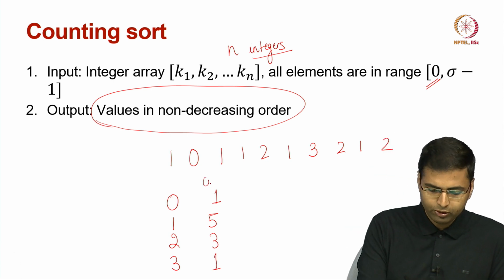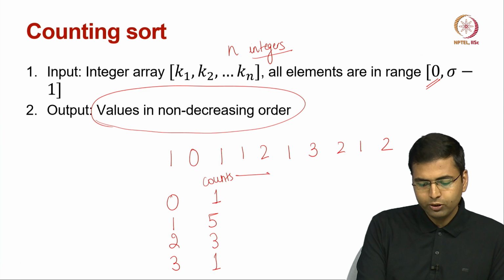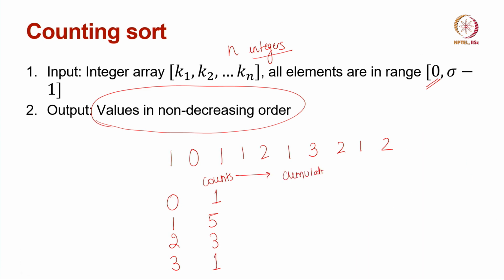So, these are the counts. I am going to convert these counts into cumulative counts for convenience: 1, 6, then 9 and then 10. Now, this cumulative count will immediately allow me to sort this array.